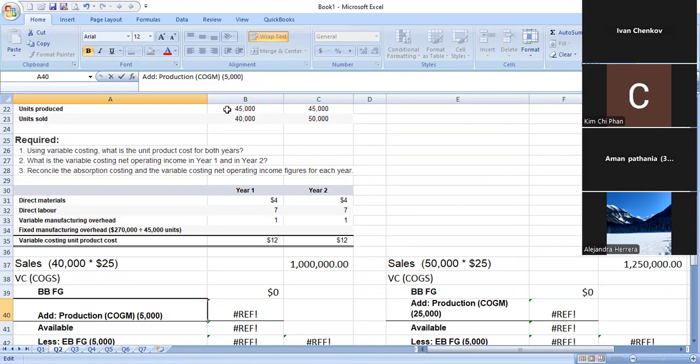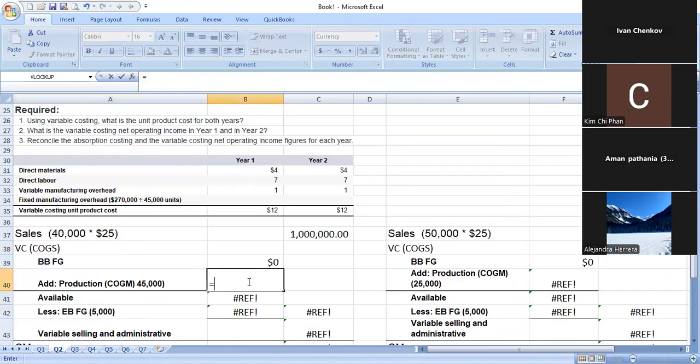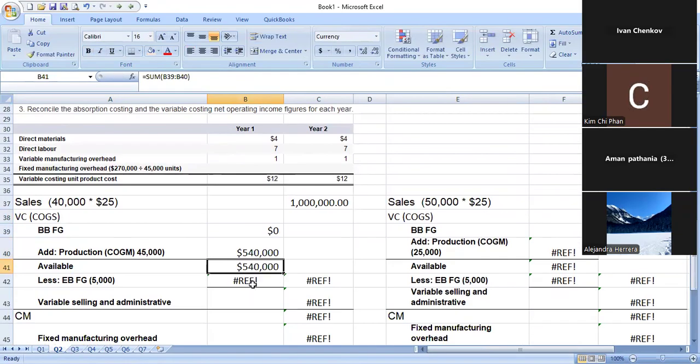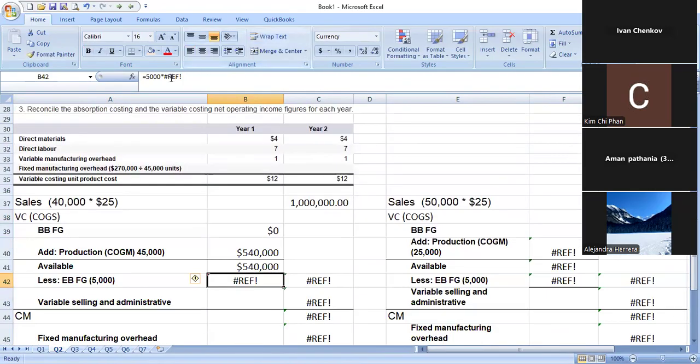Every year we're producing 45,000, times $12. Ending balance will be 5,000, obviously, and that will be 5,000 times $12.